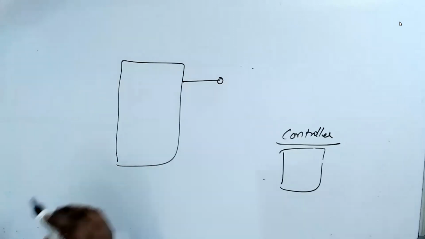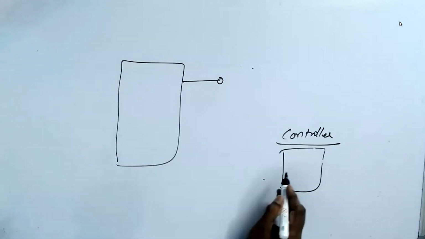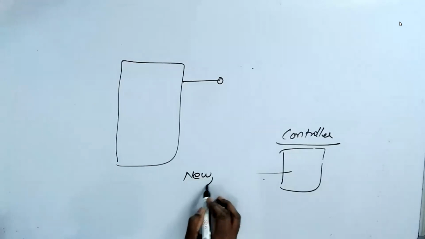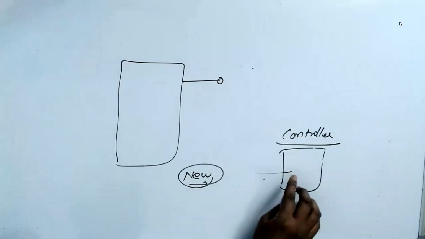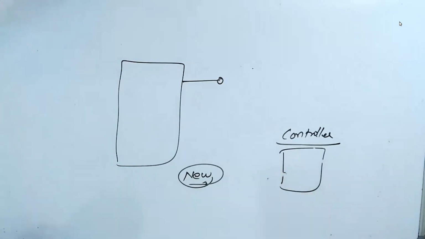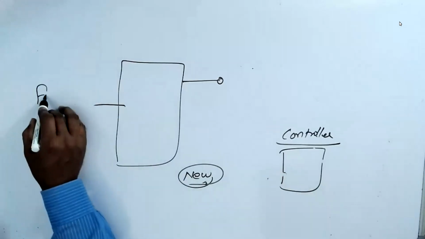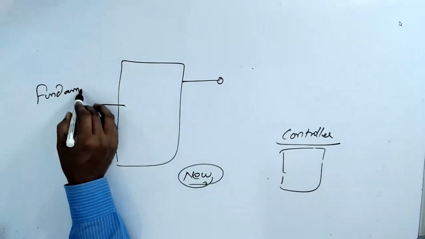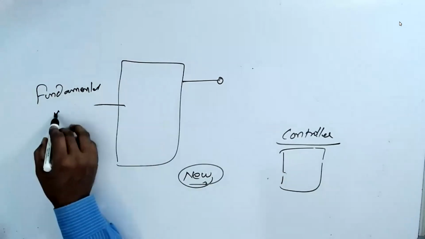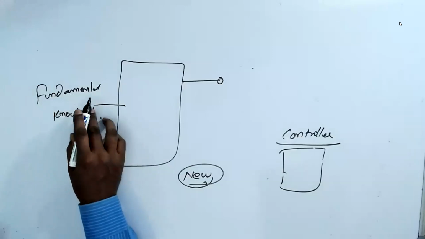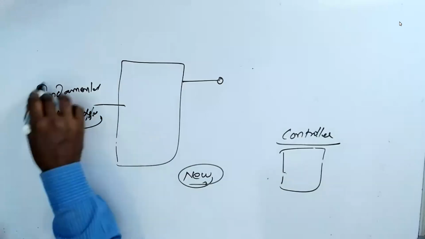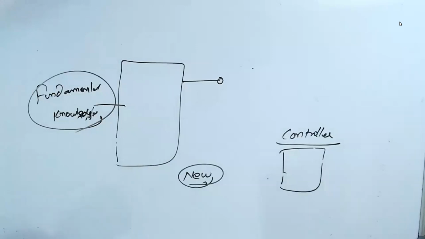Also, every day some new controllers are coming, and you should have the ability to understand them. That's why the companies say that if you have fundamental knowledge, then you are able to use any controller.